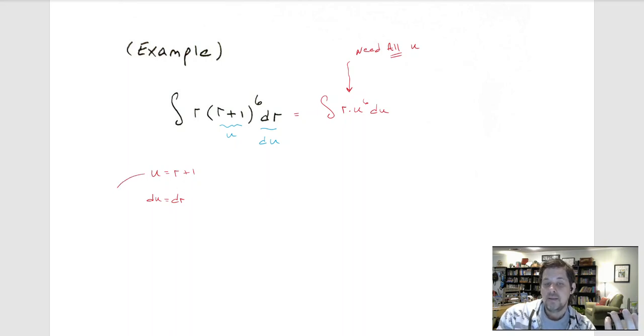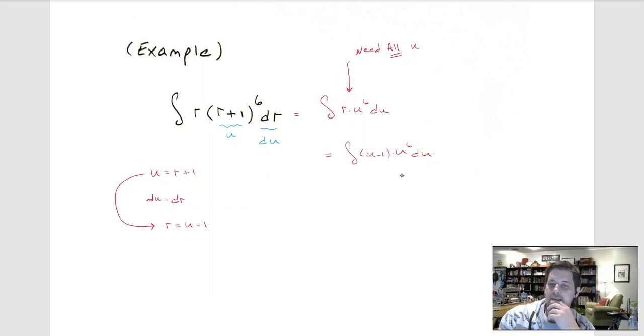I could take this one, if you want to substitute away the r, and I could subtract 1 from both sides, right? And it would say r is equal to u minus 1. Well, that would work, okay? That would substitute this away. And then I would get something the basic rule would apply to. All right, so one more step. We'll say r is u minus 1 times u to the 6th power du.